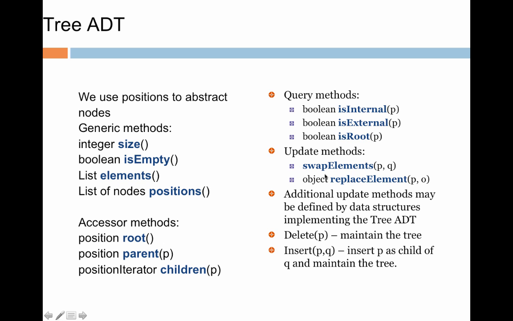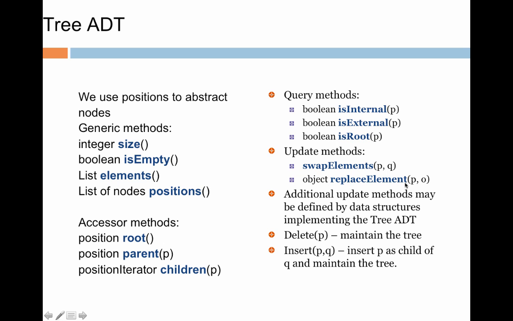Here are some update methods. We swap elements P and Q. Now remember that the elements are the values which are in the nodes. Therefore, when we swap elements P and Q, the values in the nodes P and Q are exchanged.